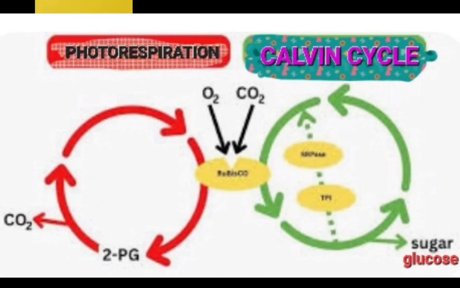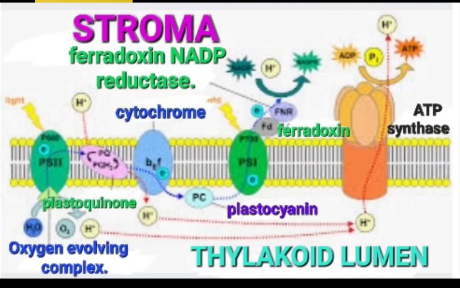Now let's see how that biosynthetic phase operates in order to produce glucose and the outcome of the oxygen along with all the other end products of photosynthesis.